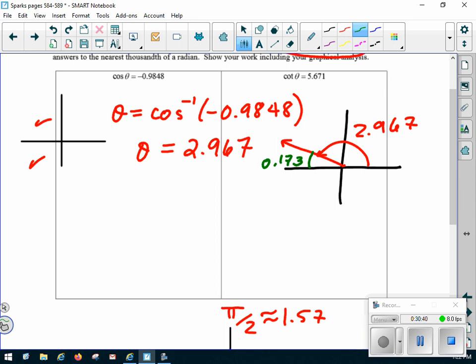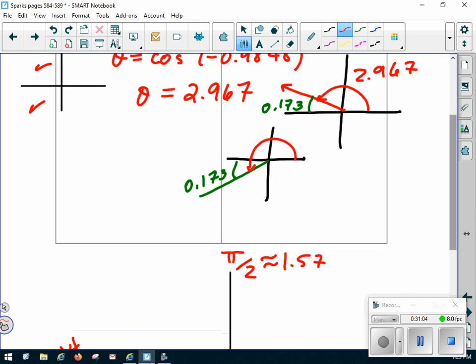So what am I going to do with this reference angle to help me find my angle in quadrant 3? I've got 0.173 there, right? So I'm looking for this angle. Pi plus that.